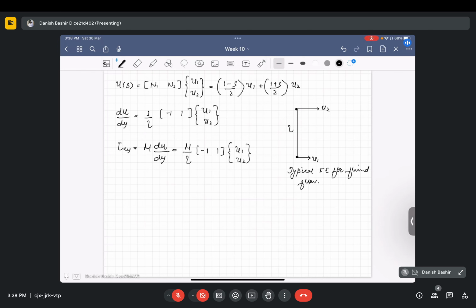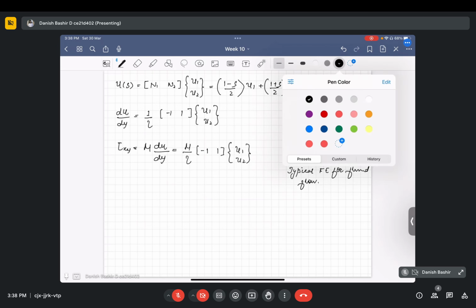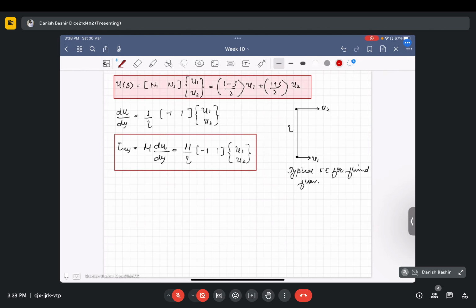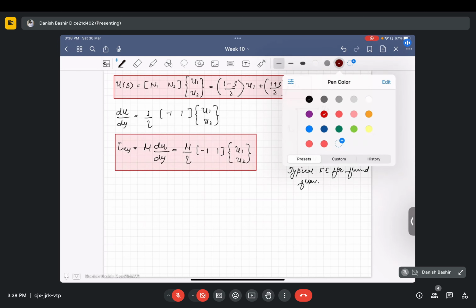Volume flow rate in each element, we can also calculate that. First, let me highlight these things that we deduced. We got this u of s, and we got our shear stress. We have now volume flow rate in each element.